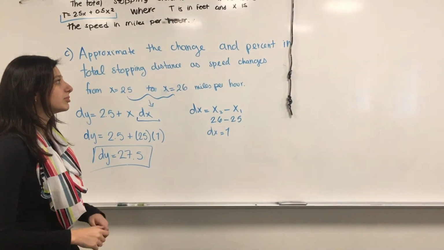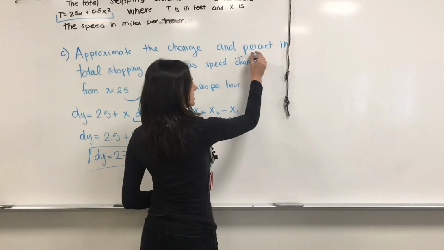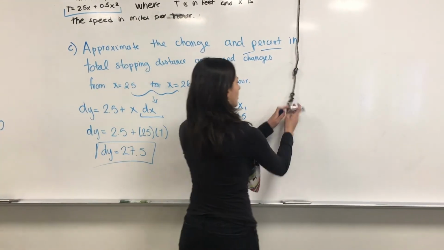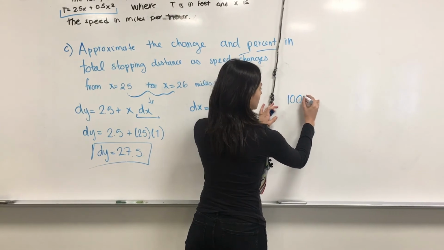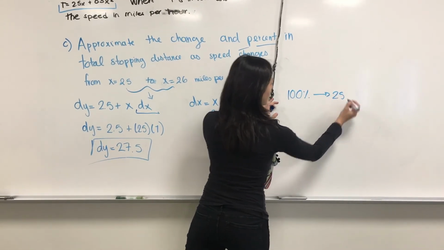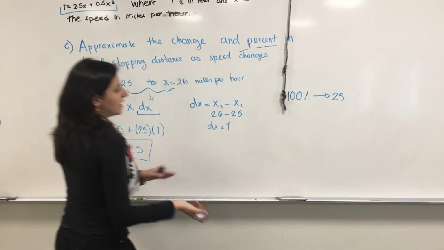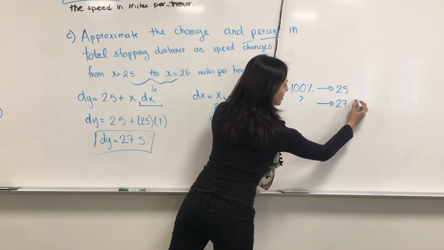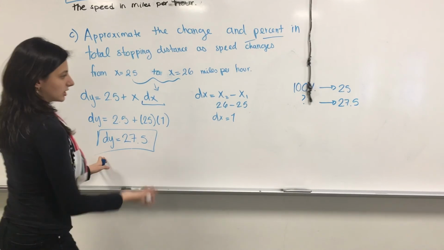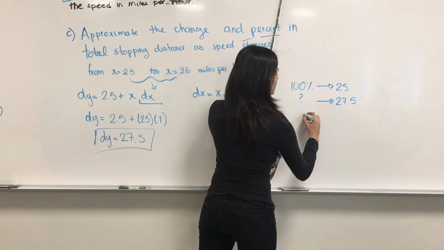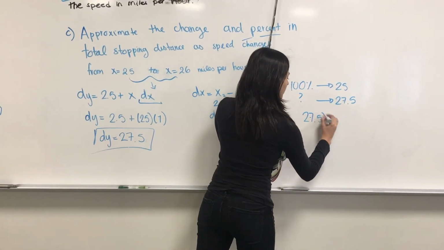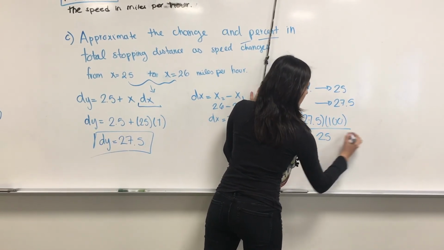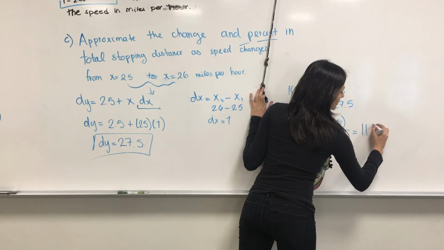Also, the problem is asking you to get the percent, and in this case we use ratios. We know that 100% is 25, that is the x, and we don't know what percent is 27.5 that we have in here, the change. So we multiply 27.5 times 100 divided by 25, and this gives you 110%.